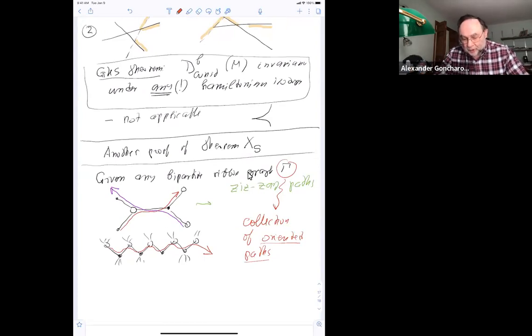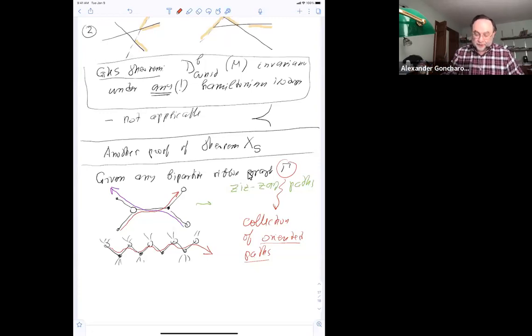So when we talk about a bipartite graph, we consider zigzag paths and then forget about the bipartite graph altogether. It turns out that we can reconstruct bipartite graphs from this net of zigzag paths, which satisfies some very mild condition, but let me skip this point. Basically, I'm saying that zigzag paths with a mild condition is the same thing as bipartite graphs. From now on, instead of talking about bipartite graphs, I usually talk about zigzag paths.